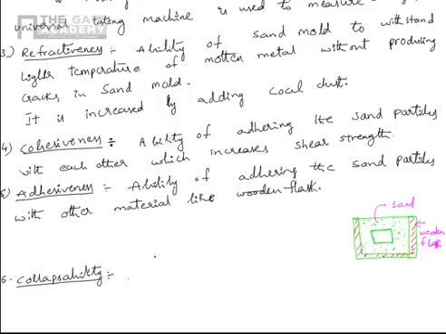Once the casting is formed, we need to remove it, so you need to break the mold. If the mold has more cohesive and adhesive strength, it will stick to the mold box, and you would need a huge amount of external force to break it. To avoid that, the collapsibility property has to be there: the ability of breaking the sand mold with a little amount of force.